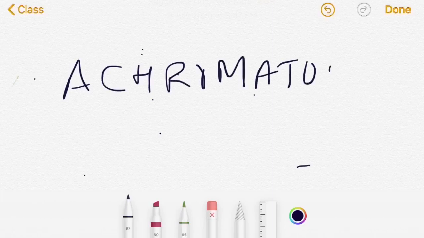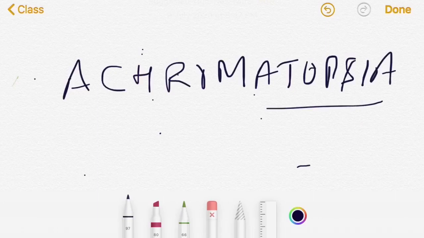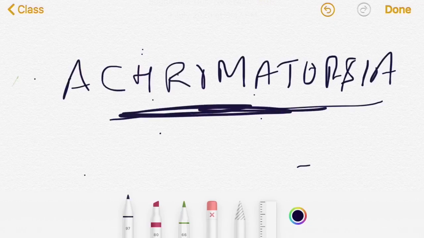Chromatopsia or achromatopsia. Opia with no S means there is total absence, while opsia means there is loss but not complete absence. So for color, if there is total absence, it is called achromatopia, complete loss of color vision.